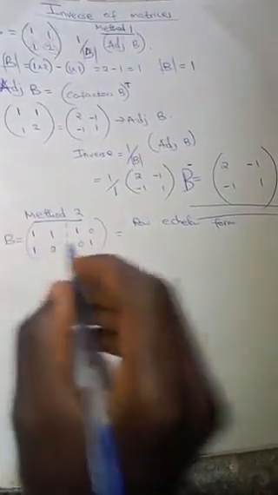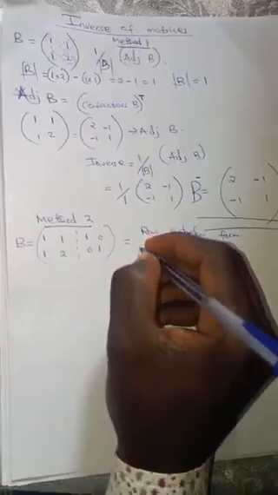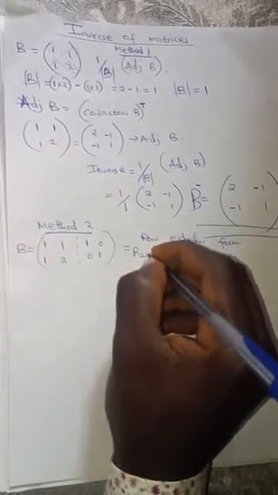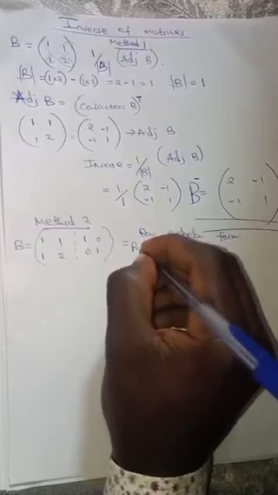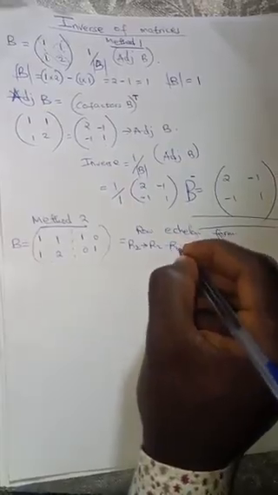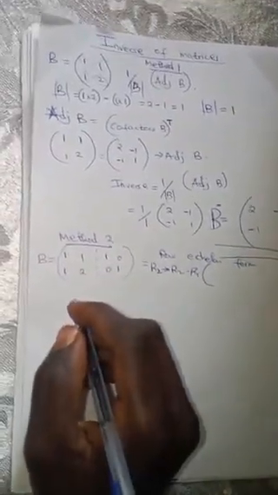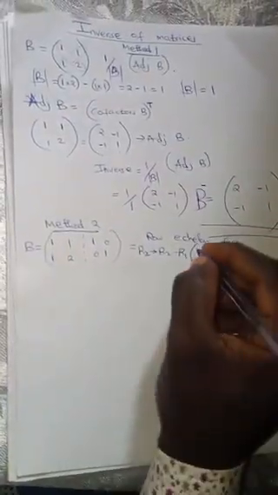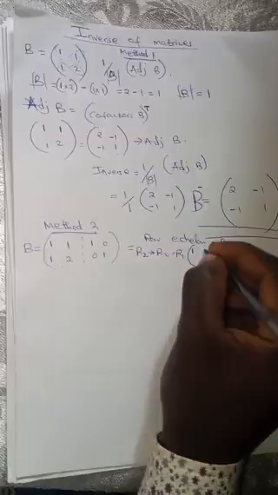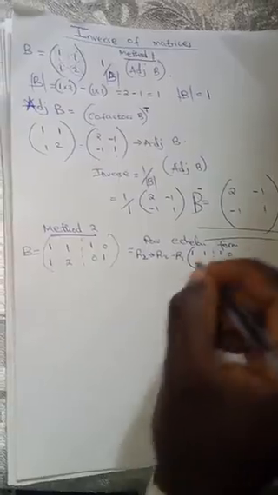We want to take this one to 0. Then we take an operation on row 2, which is row 2 minus row 1. The elements on row 1 remain intact.